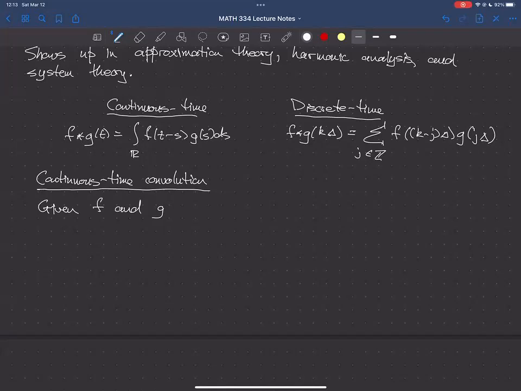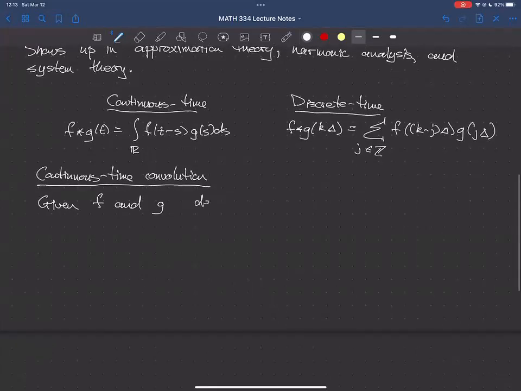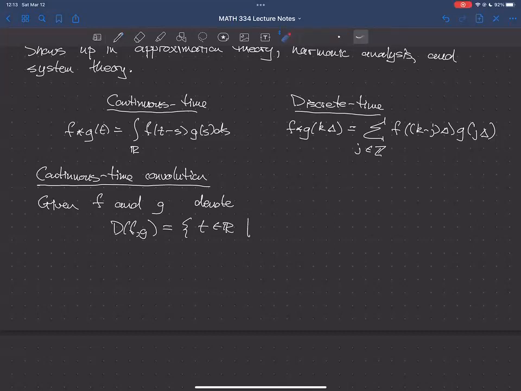So given f and g, denote D of f and g to be the set of t in R for which the integral exists. So the first thing is you need to be able to do this integral.